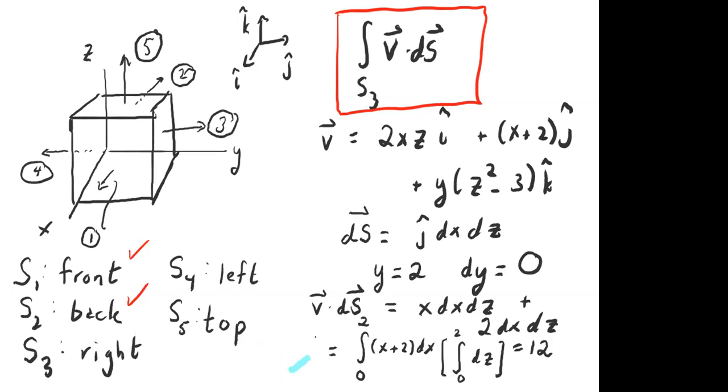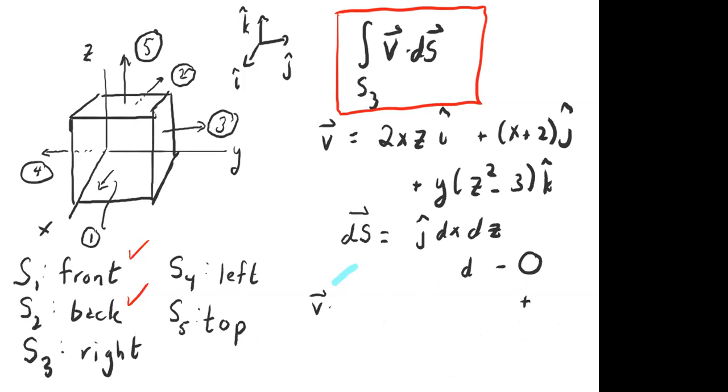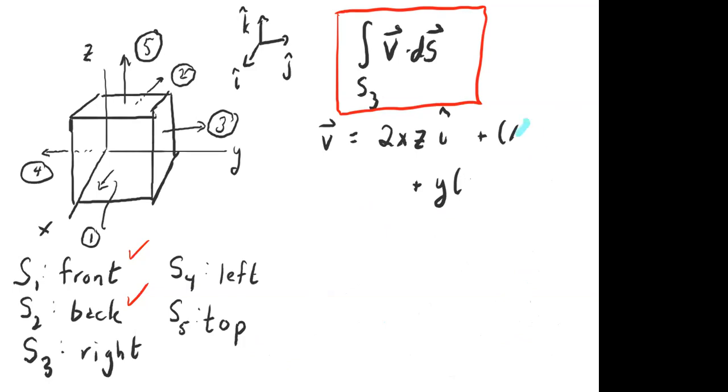So I'll keep my figure. All this work pertains to doing the surface integral over surface 3, or evaluating the flux of v over surface 3. So now I have to do my third surface integral, and this time it's over surface 4.